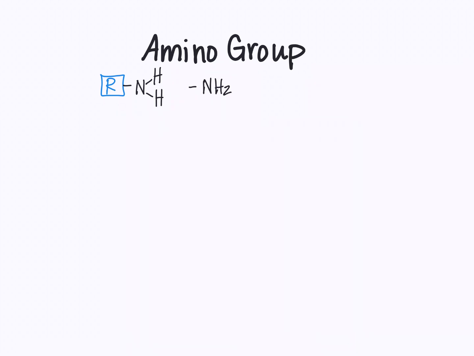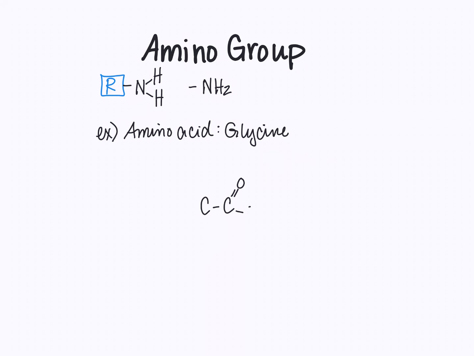And for an example, we're actually going to use the same example we used for carboxyl. So once again, if we look at that amino acid known as glycine, we can draw it like this. So there's a carbon with that carboxyl group attached to it that we talked about on the previous screen. And then that is bonded to a nitrogen, bonded to two hydrogens, that's our amino group.